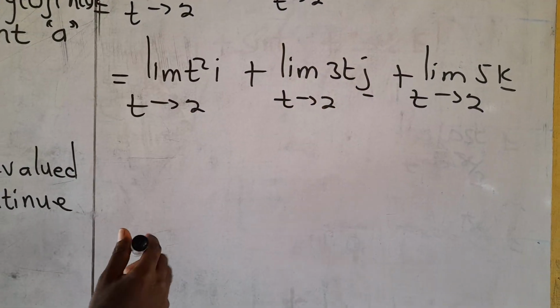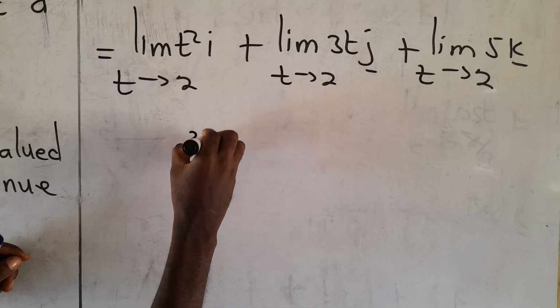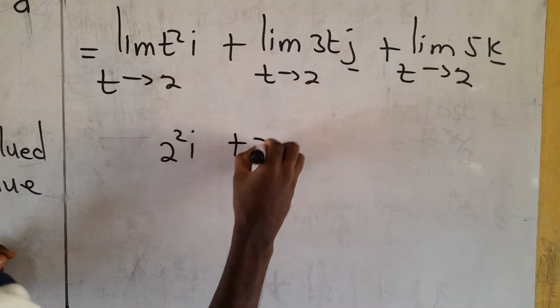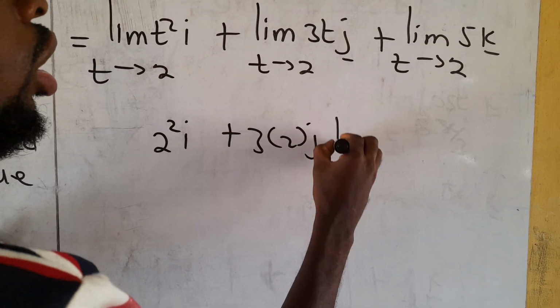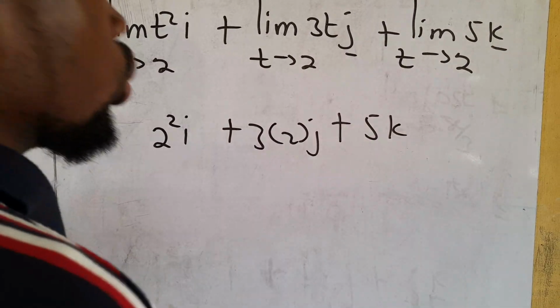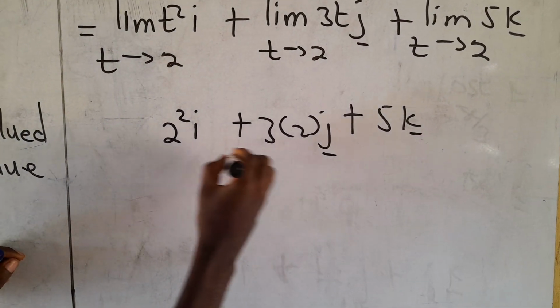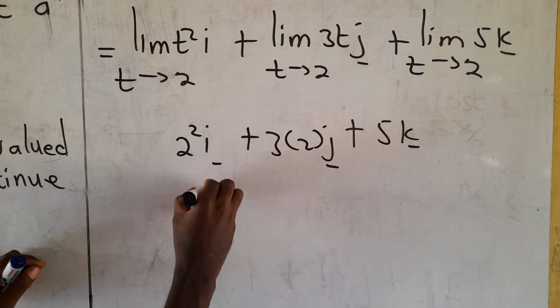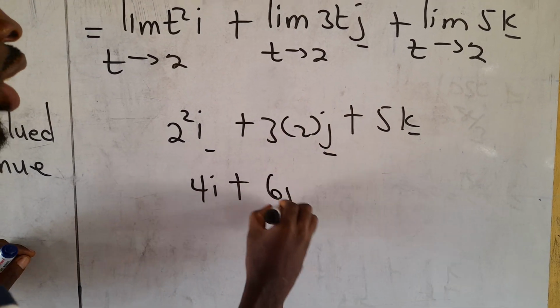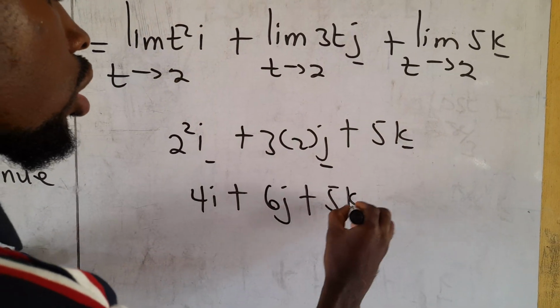So we just substitute. We'll get 2 squared i plus 3 times 2j, then plus 5k. Also, there is no t component there. So we'll get 2 squared, 4i plus 6j plus 5k.